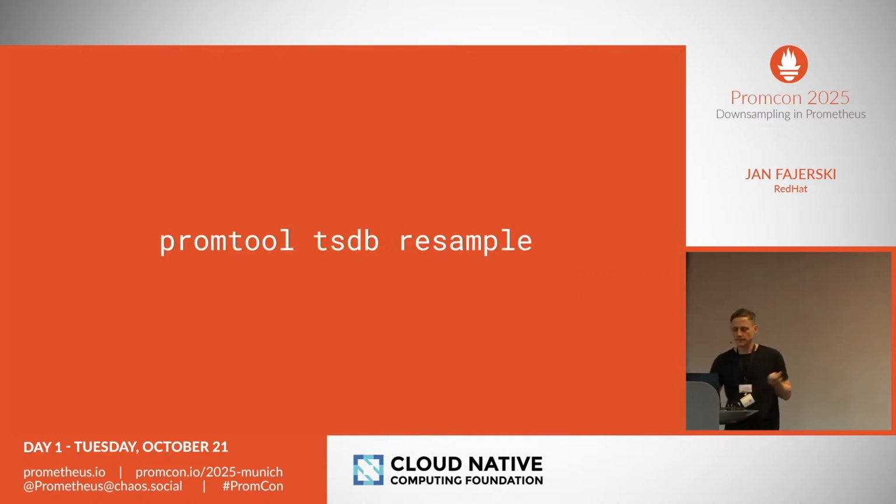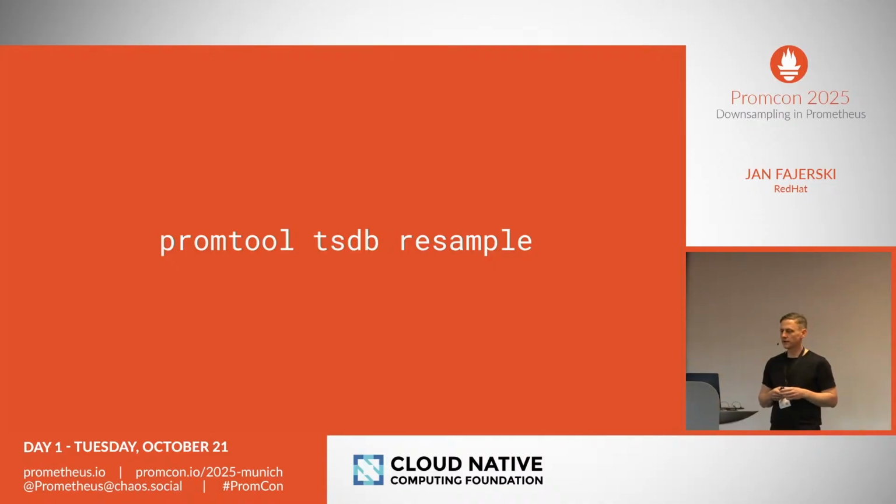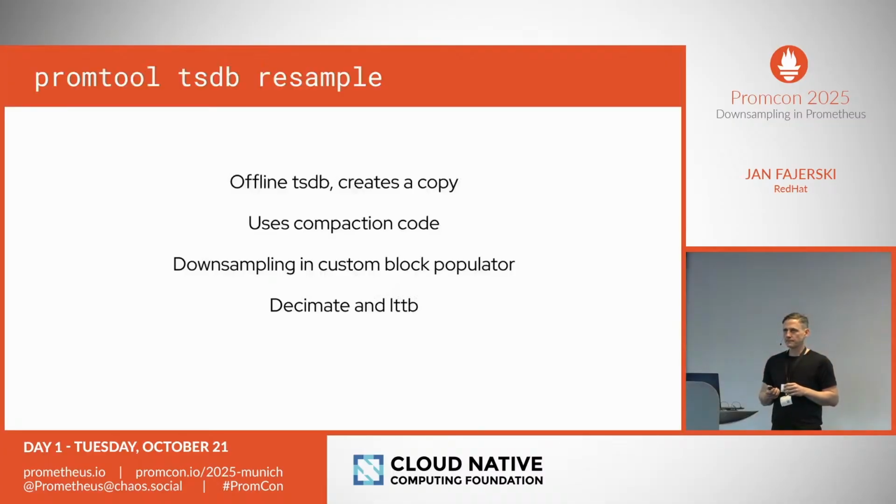So where do we go with that? I wanted to experiment with downsampling, and so I went ahead and implemented a contour command. It only works on offline TSDB data because it's much more convenient to operate on. It creates a copy, so maybe also a little bit to discourage people in the future from running that on live data.